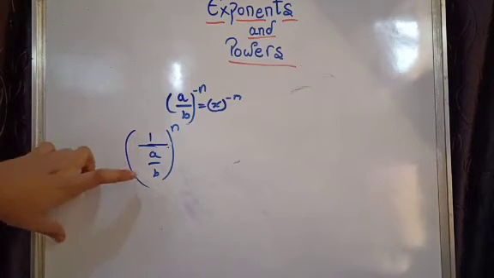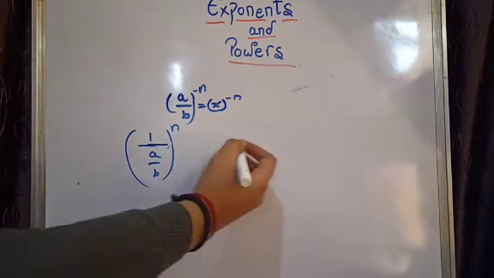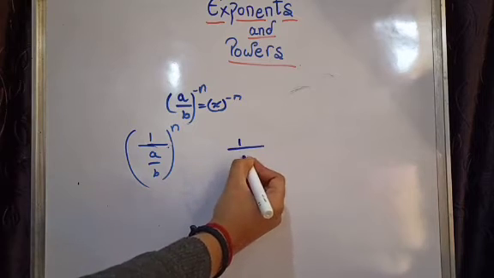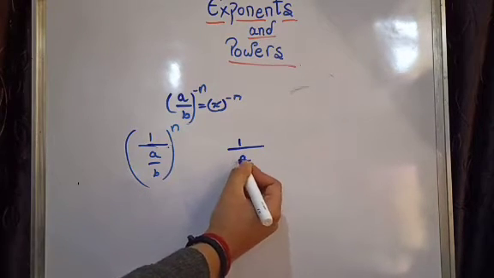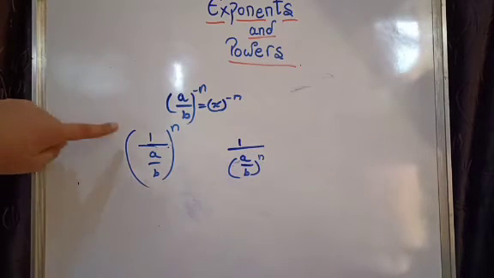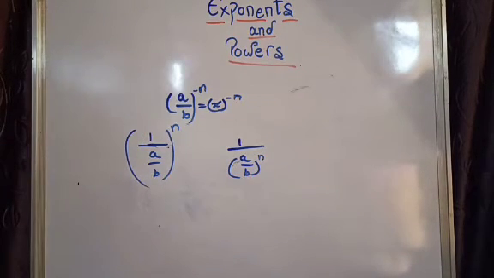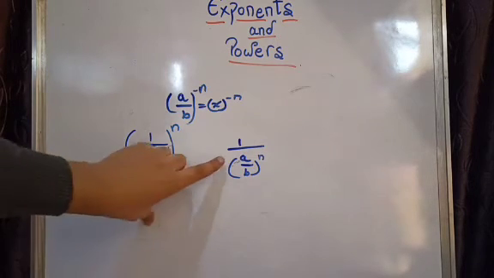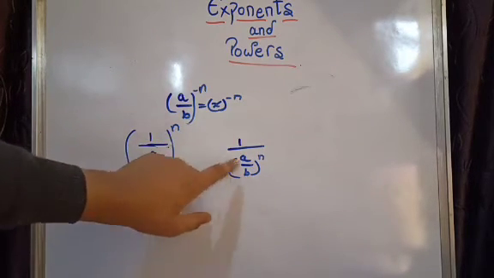So see, if there is 1 over a over b to the whole power of n, it will result as 1 to the power of n over a over b to the whole power of n. I have distributed the power n in both. So 1 to the power of n will result as 1. Okay. Now you see what will happen. I will distribute this power n in these both also.